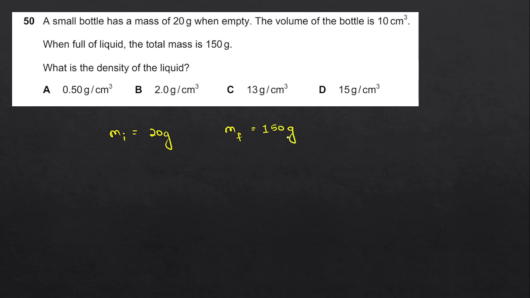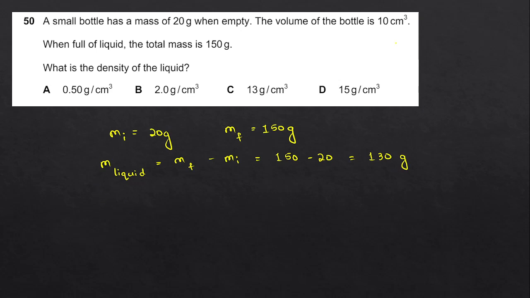Now we have to find out what is the actual mass of the liquid. So the actual mass of the liquid will be equal to the final mass minus the initial mass, which is 150 minus 20, which is 130 grams.